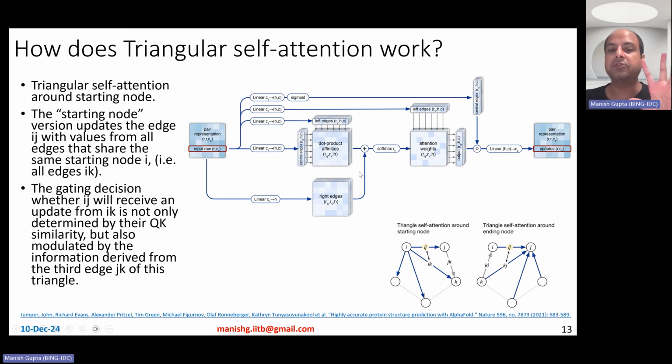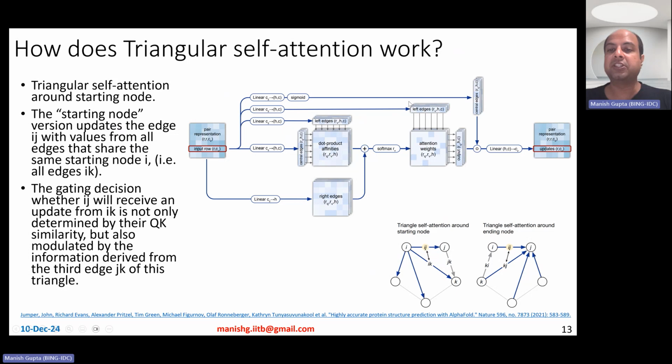You do the dot product, and you take the right edges and compute the pair bias based on that. You add that to the dot product of QK, and you get the attention weights from the left edges.